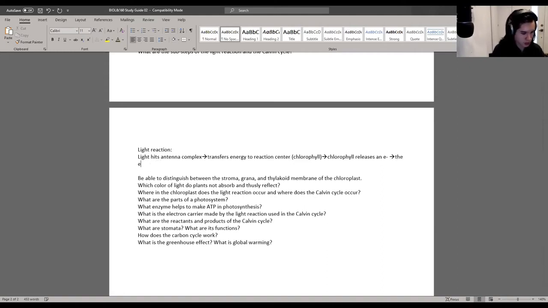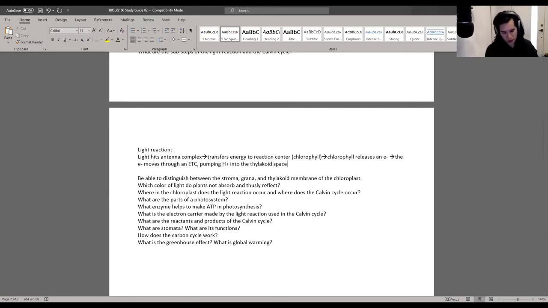The electron moves through an electron transport chain, kind of like you'd have in your mitochondria, where you have an electron moving from protein to protein to protein, pumping protons into the thylakoid space.